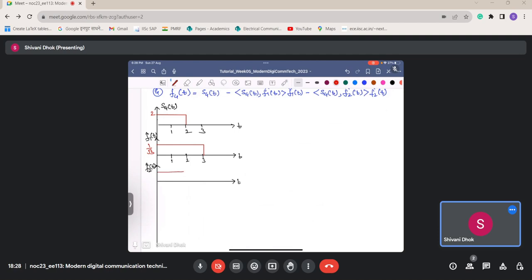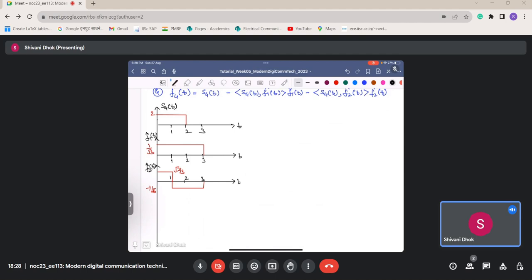This is under root 2 by 3 for this range, and minus 1 by root 6 for this range.